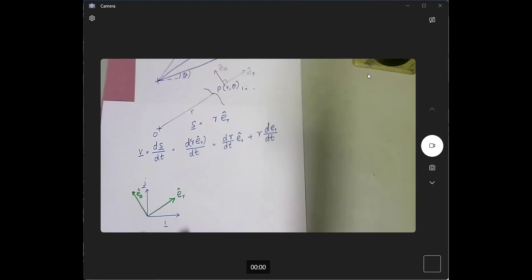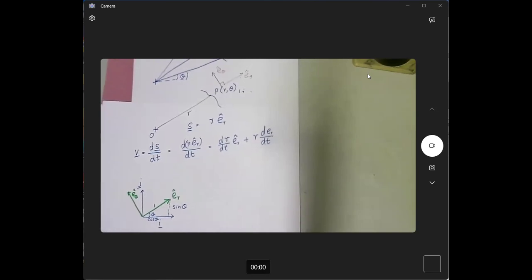Now remember that all of these are unit vectors. Then I can get the projections of e_r onto the i direction and the j direction. The angle is theta. This height will be sine theta. Actually, it is 1 times sine theta because this length is 1. We don't need the 1 here. And this will be cos theta.